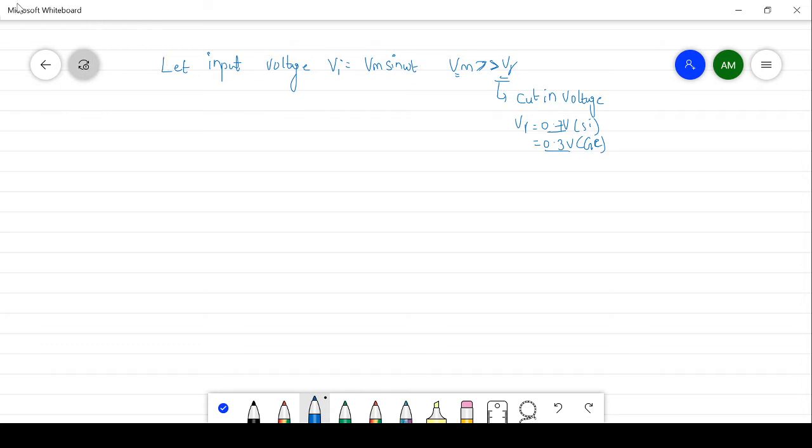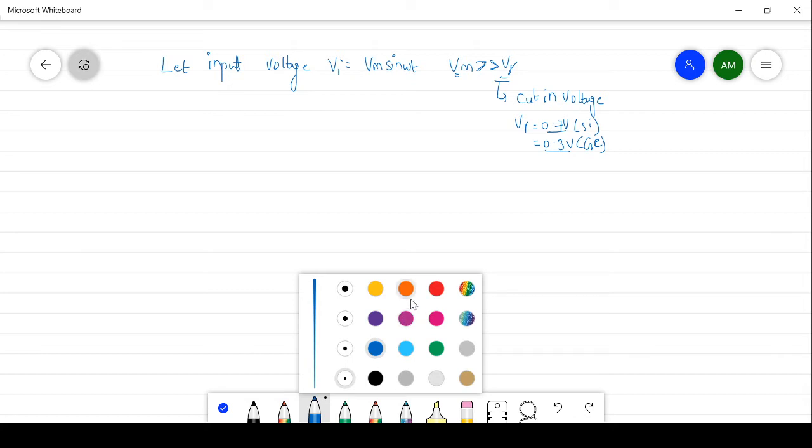Okay, so now we have to calculate the important factors. The first factor is the ripple factor.